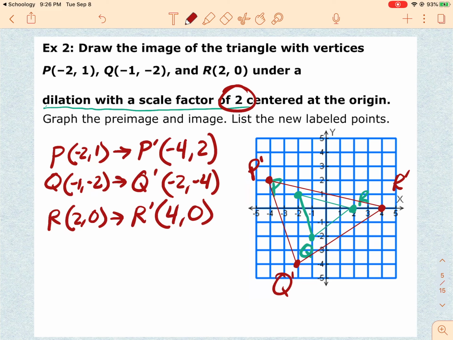Of course, it didn't go straight for me. I could do the same thing from R through R prime. Really struggling today. And then it can happen for Q through Q prime as well. All of those will meet at the origin.